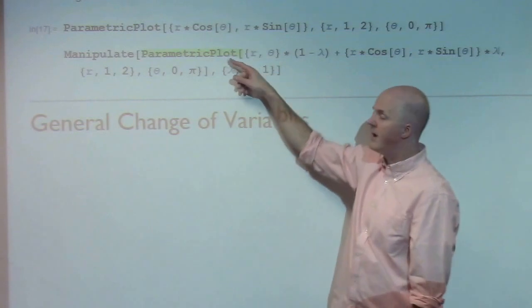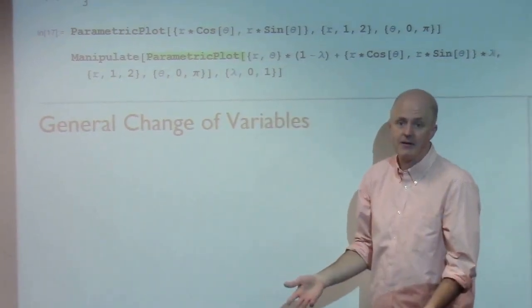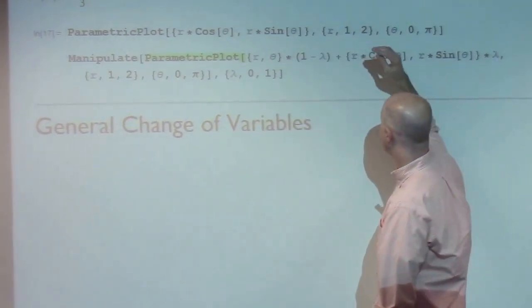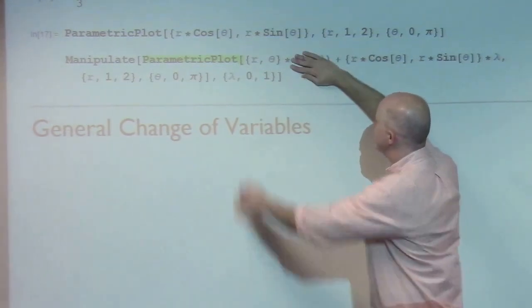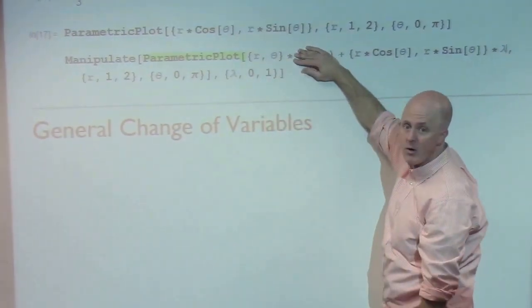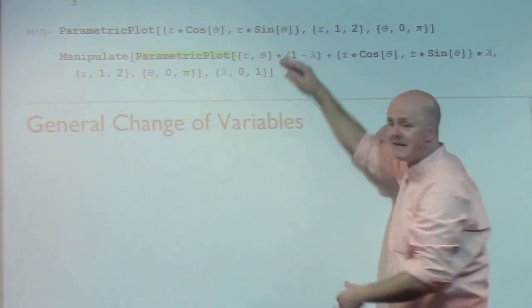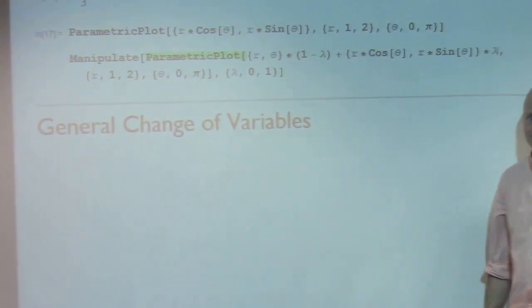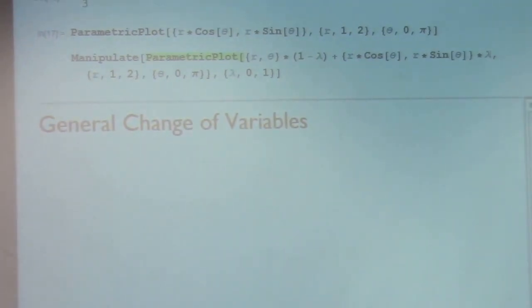But with ParametricPlot, it plots things as if they are in rectangular coordinates. So when lambda is 0, it's going to treat this as just a rectangular coordinate plot based on these two parameters. It's going to graph the rectangle, going from 1 to 2 in the horizontal direction and 0 to pi in the vertical direction. There it is.